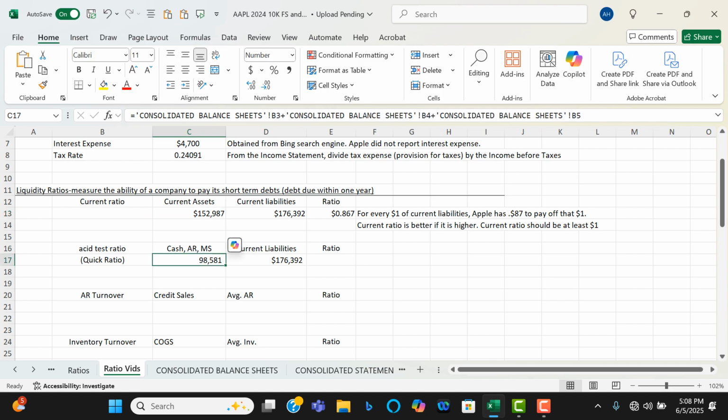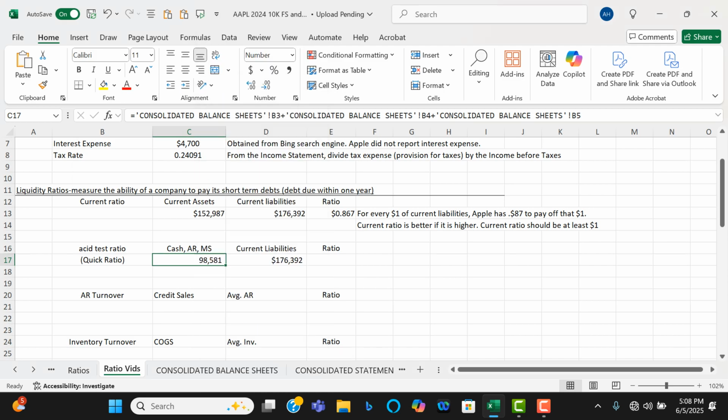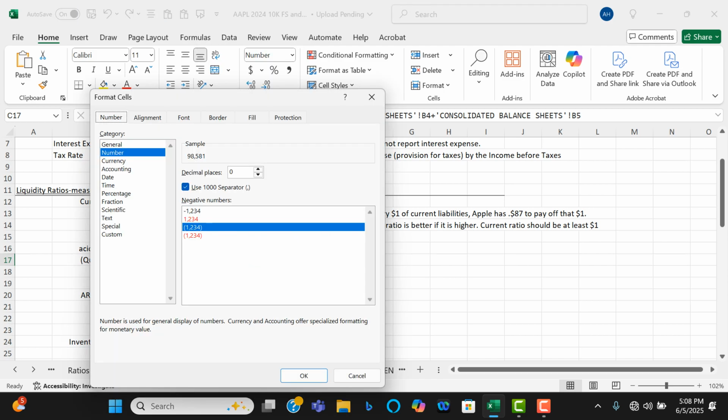This one, the quick ratio, only assumes that you will pay off your short-term liabilities with the most liquid current assets. Okay, so here I'm going to go ahead and do the usual formatting here.